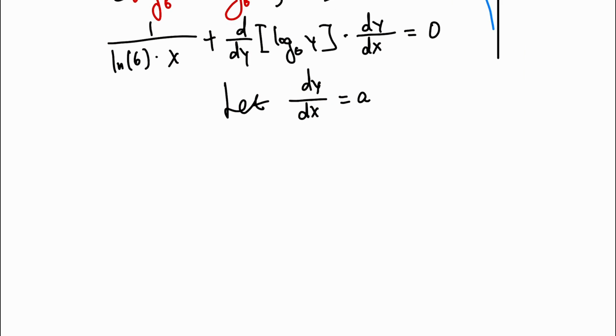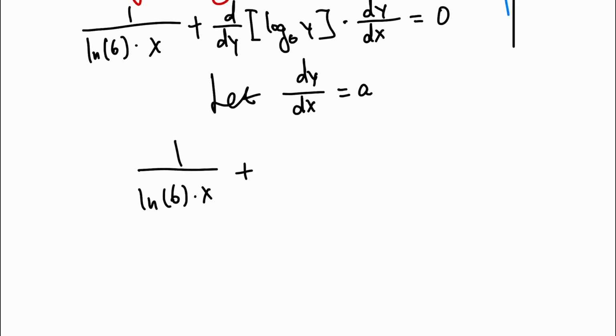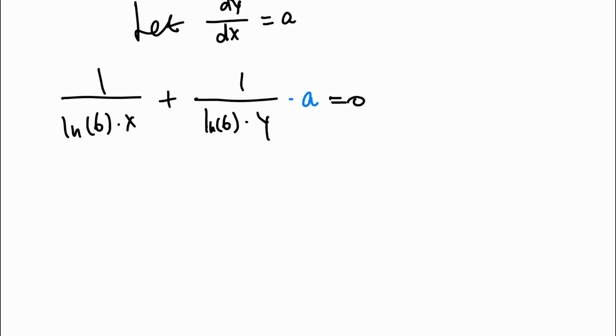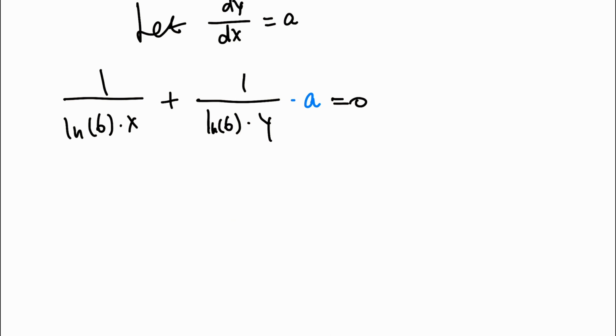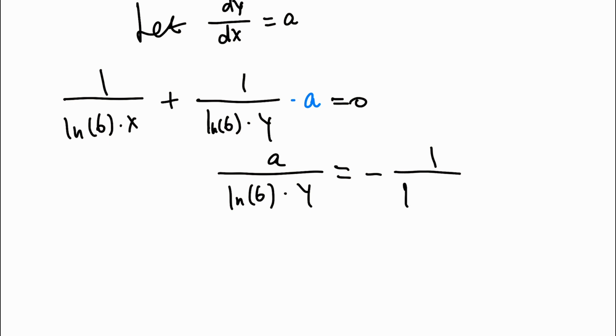So cleaning that up a little bit, we have 1 over ln of 6 times x, plus 1 over ln of 6 times y, times a, and that is equal to 0. And we can move this portion to the right side of the equation, and we will be getting a over ln of 6 times y is equal to negative 1 over ln of 6 times x.